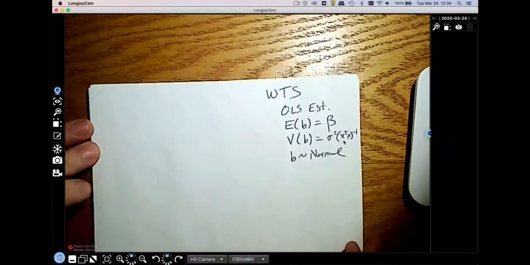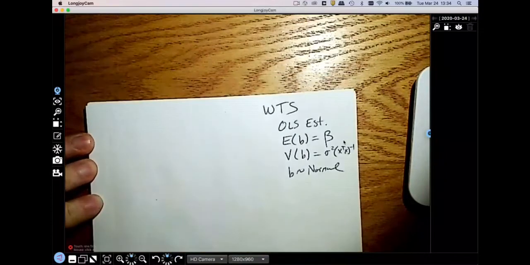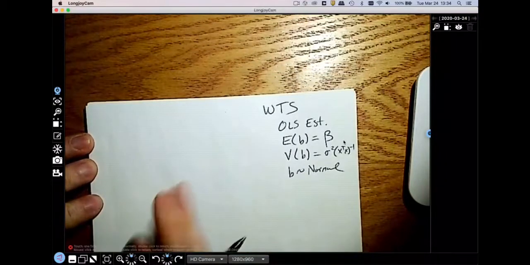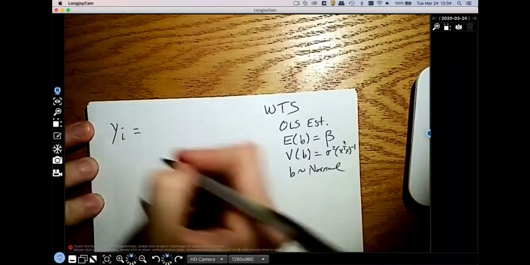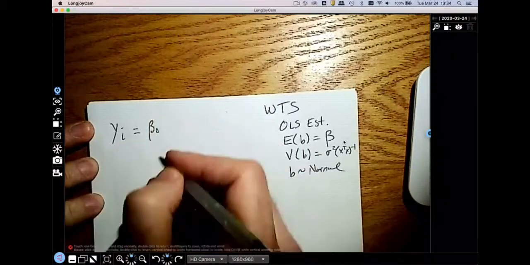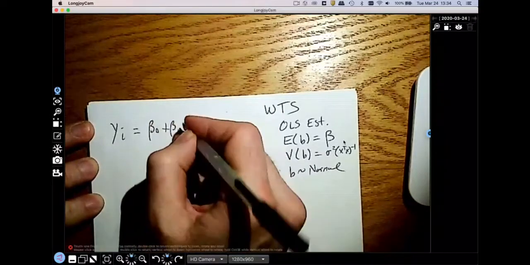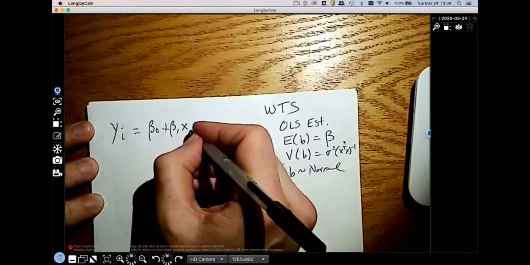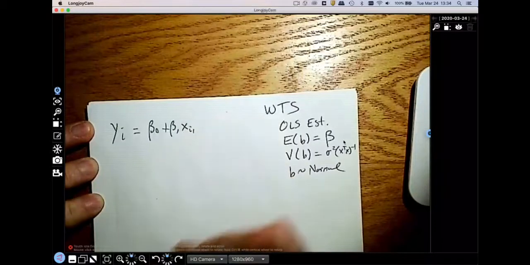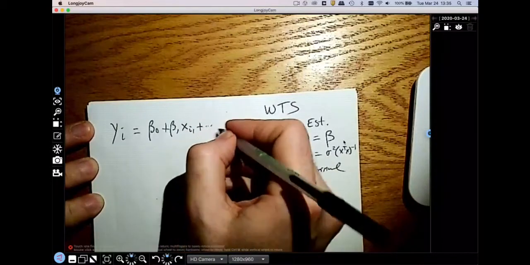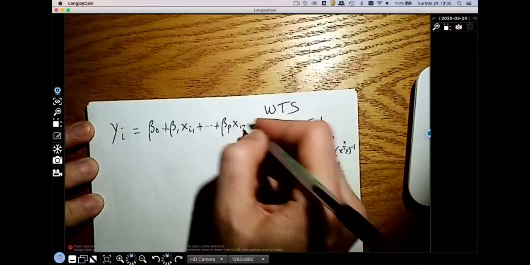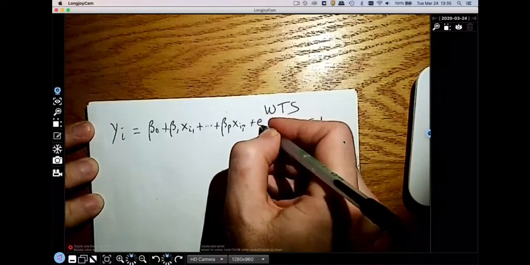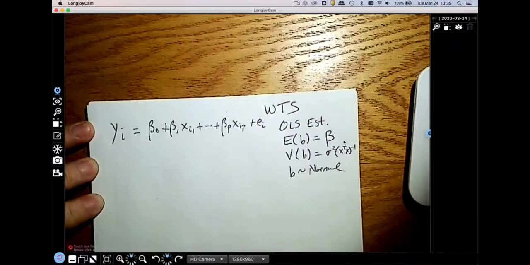In order to do this, I'm going to start out by reviewing the model. Every y is just going to be some intercept beta naught plus beta 1 times x_i1, all the way through beta p times x_ip, plus some error e_i.